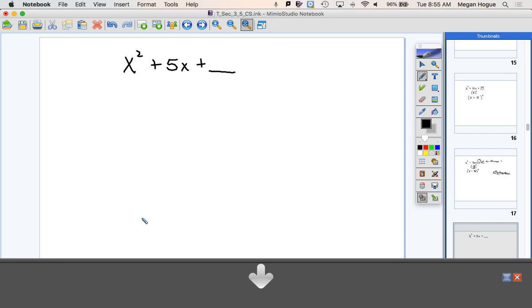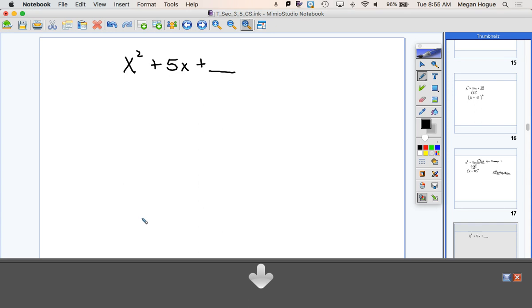This one: x squared plus 5x plus blank. This is where the work becomes a little bit more important. Why? It's odd. It's not going to go evenly. So we panic for a second because it's going to be not a decimal, but a fraction.